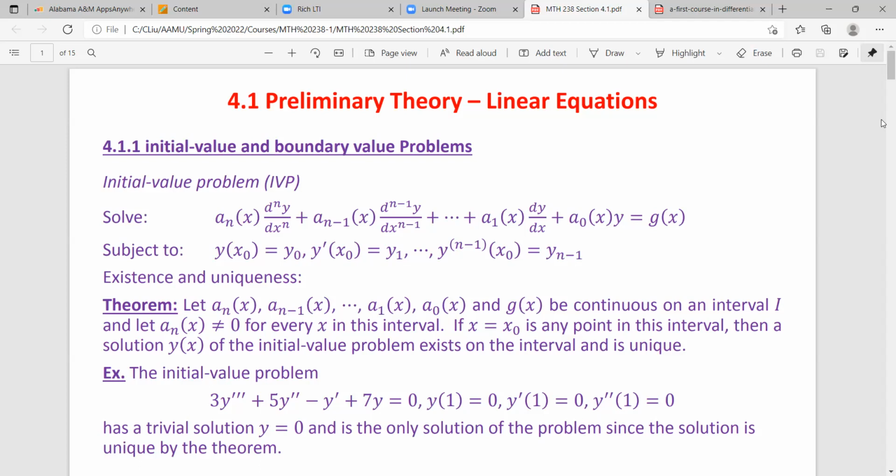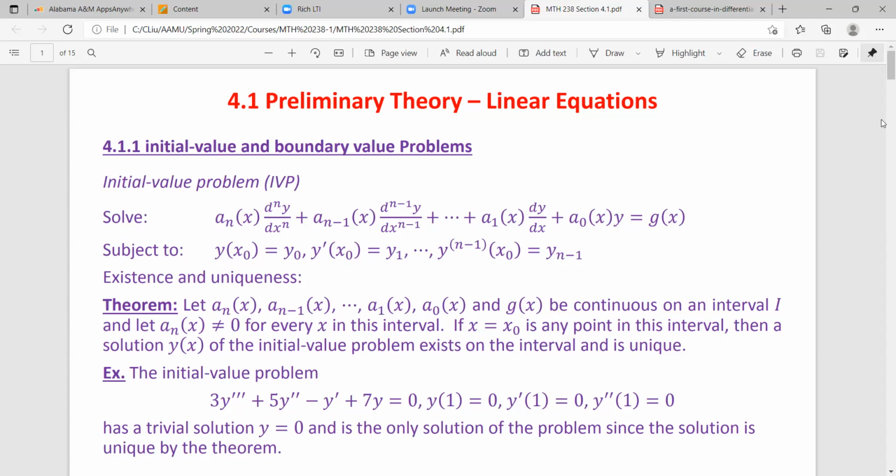So in here, a_n(x), a_{n-1}(x), a_1(x), a_0(x), and g(x) are all functions of x. They are not just constants. In general, they are functions of x.